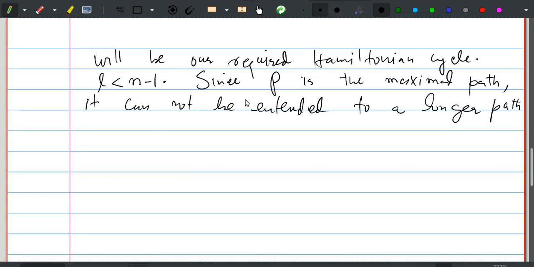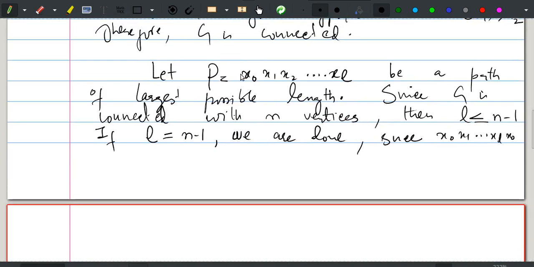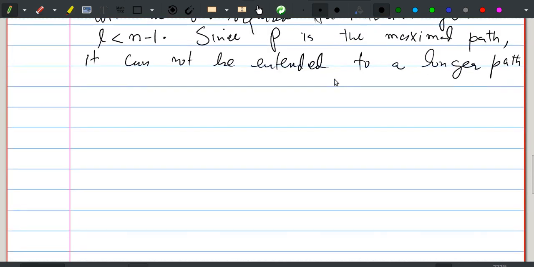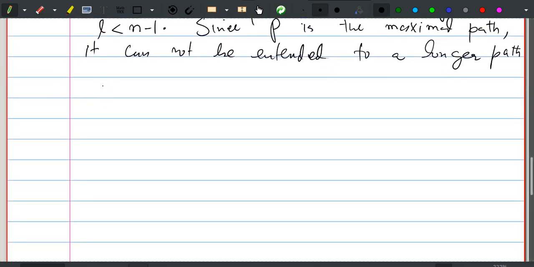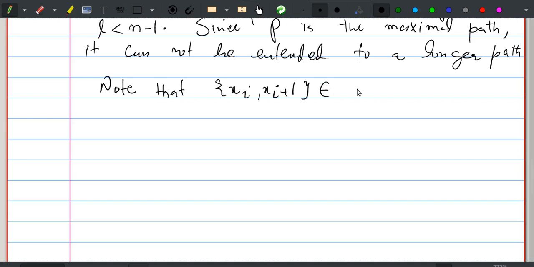One should note that if this is the path x0, x1, x2 through xl, then x0x1 is an edge, x1x2 is an edge, similarly xl minus 1 xl is an edge. In general, xi xi plus 1 is an edge of G for all 0 less or equal to i less or equal to L minus 1.